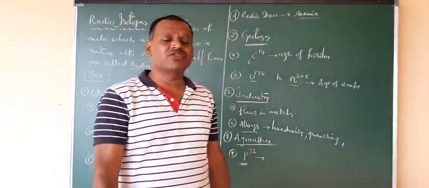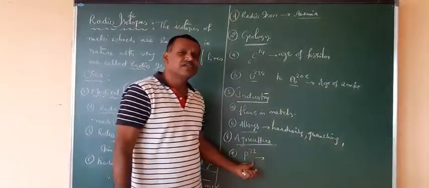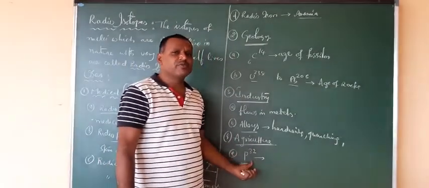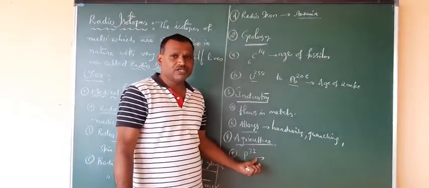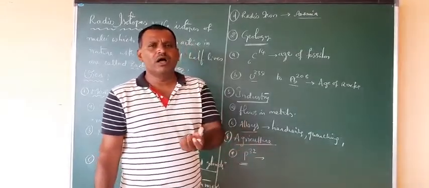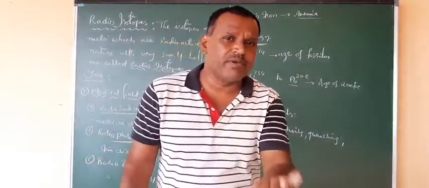That we can identify or study by using which one? The phosphorus radioisotope, P32. Radiophosphorus is used to study the uptake of phosphorus in plants.